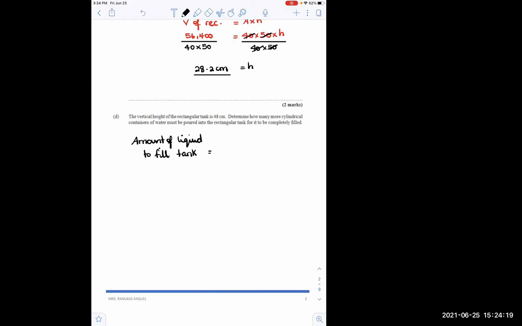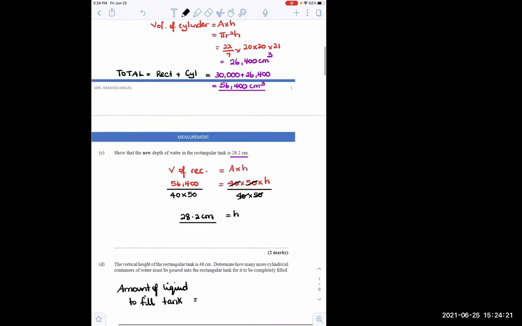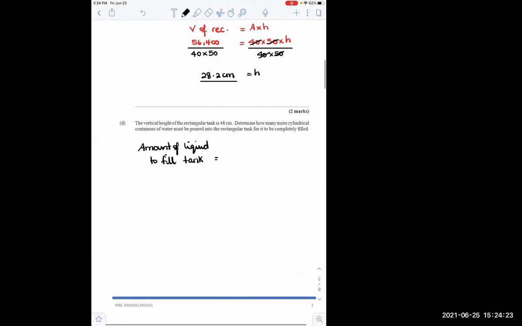That would be the volume of the tank. So the volume of the tank is cross-sectional area by height. I told you that the area of the rectangle remains fixed. The only thing that changes is the height of the water. So the 50 and the 40 remain fixed.